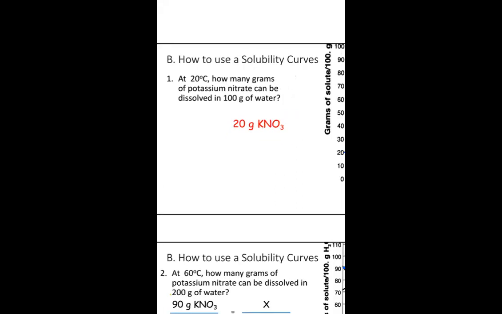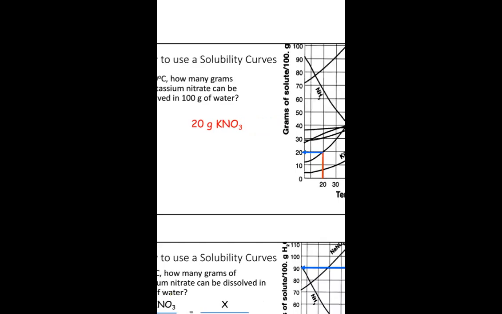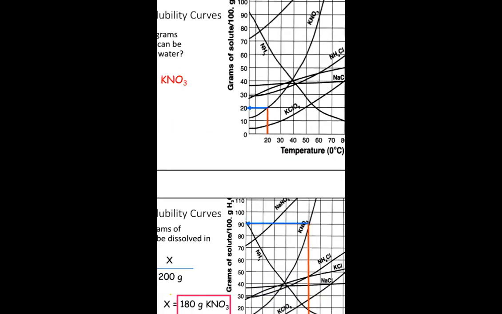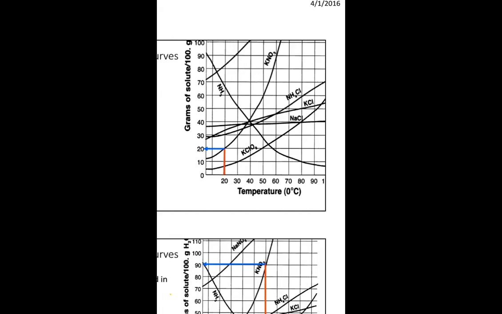Now, what is going to be the mass of potassium nitrate that will dissolve in 100 grams of water at 20 degrees Celsius? So we come to the graph. We locate 20 degrees Celsius, right? So you can see the red line where we have 20 degrees Celsius. Don't forget the curve, the solute you are considering is potassium nitrate, which is KNO3. And you can see the way the curve goes, right? So then you move from 20 degrees Celsius until you get to the point of the curve.